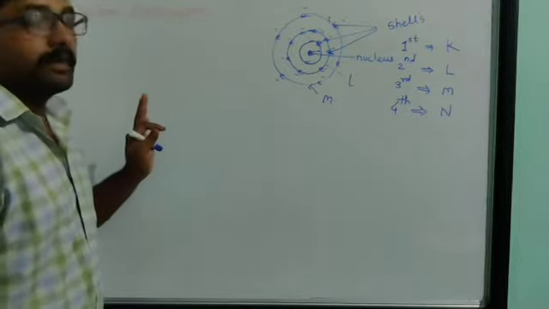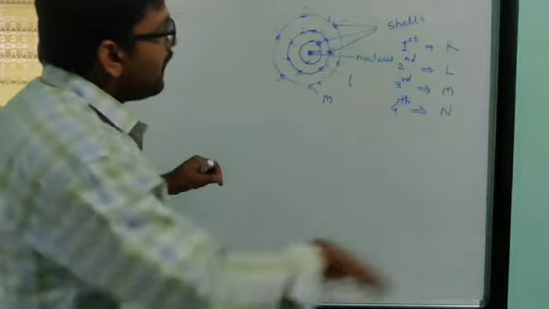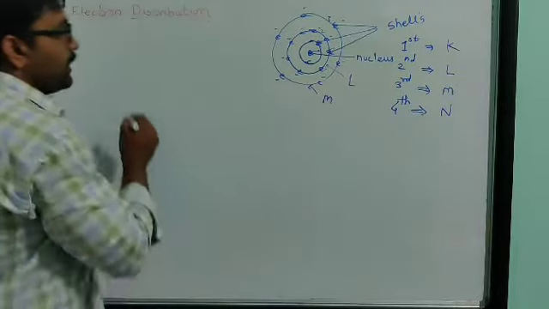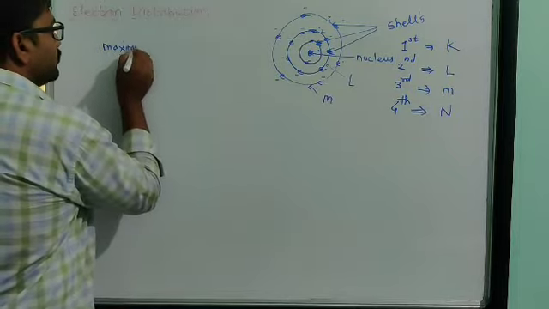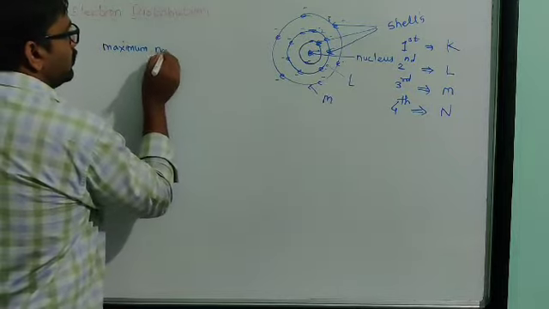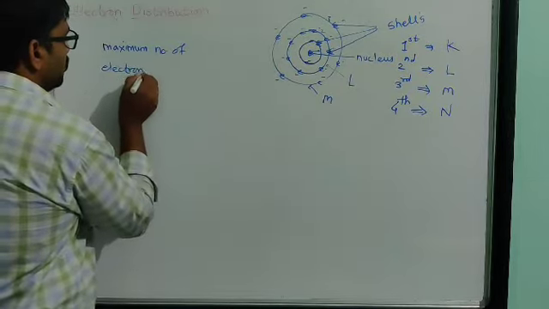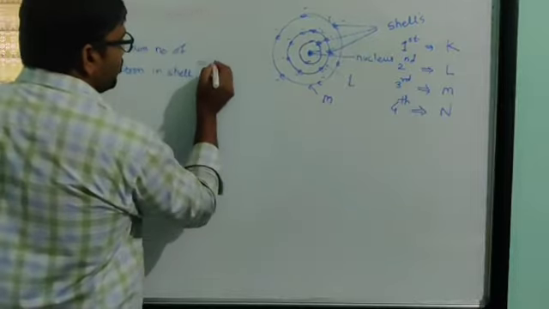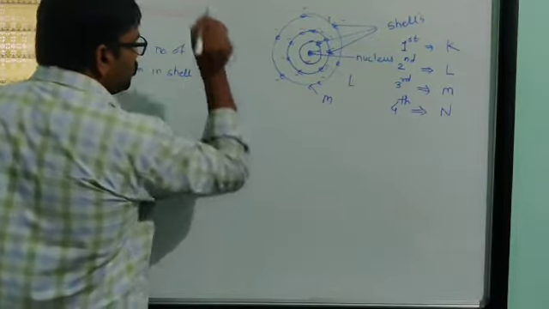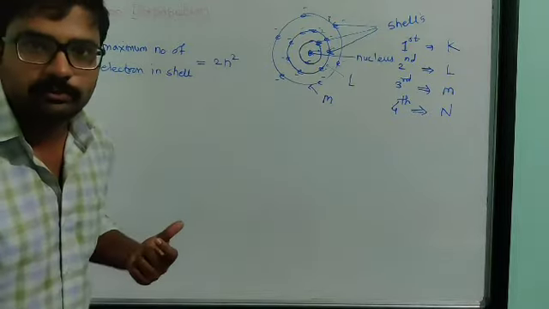How is that determined? We have to see one formula. The maximum number of electrons in a shell is given by 2n square. That is the formula we have to use.